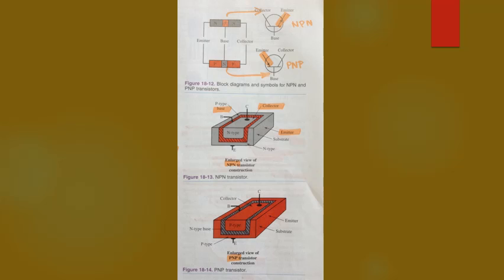The NPN bipolar transistor has a thin layer of p-type crystal placed between 2 n-type crystals, figure 18-13. The PNP bipolar transistor has a thin layer of n-type crystals placed between 2 p-type crystals, figure 18-14.